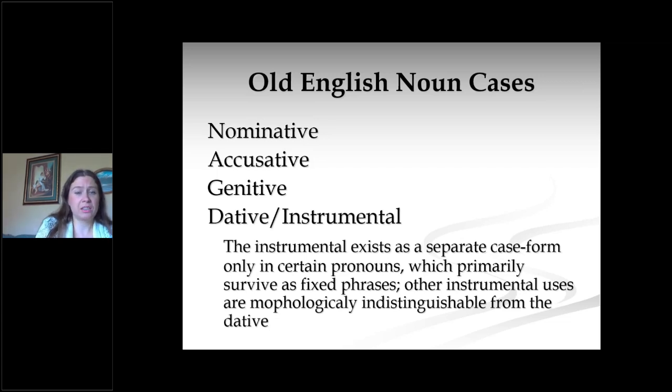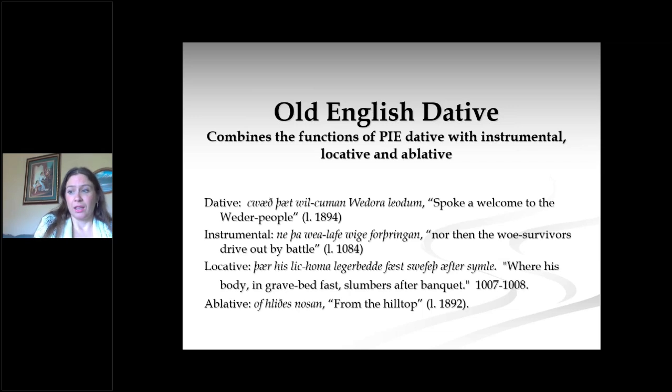The instrumental case does remain here and there in Old English, primarily in certain pronouns. And there are many uses of the dative case where you could say it has an instrumental function, but it's not separately identifiable. The word forms are identical with the dative case. And so what you had was one case form that had functions of these 4 different historical cases.